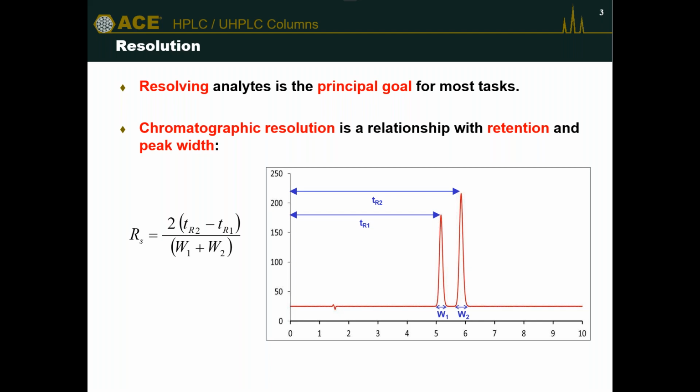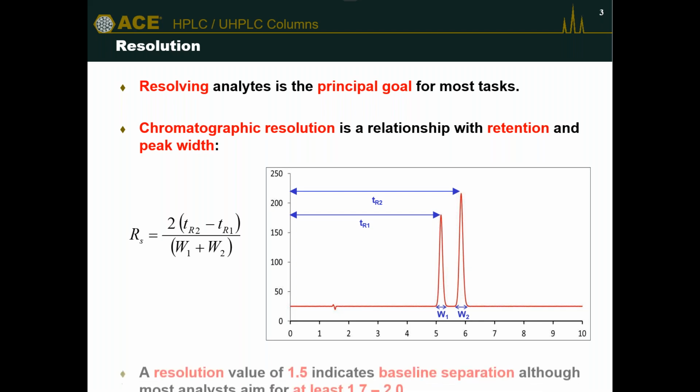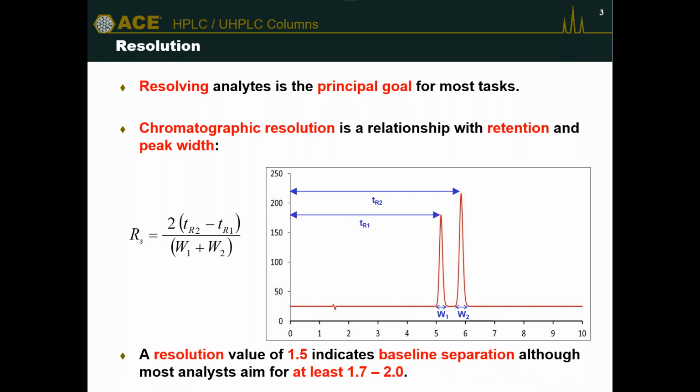And the resolution equation that your chromatographic data system will implement is shown on the left of this slide. So it's based on the peak widths and the retention times of those peaks. We want to make sure that we see some baseline, ideally, between the first and the second peak here. So a resolution with a value of 1.5 means we've got baseline separation of those two analytes.